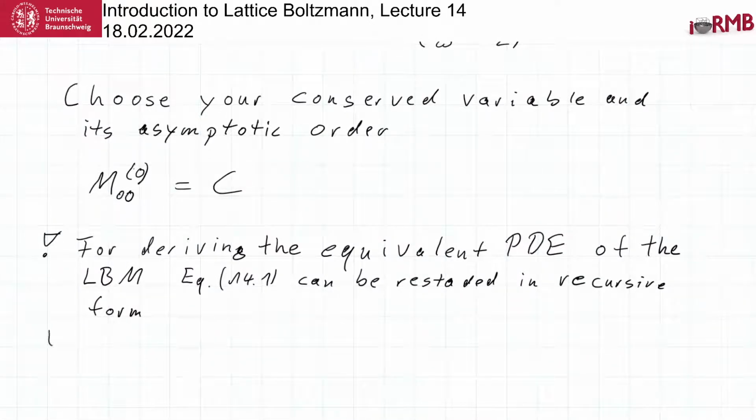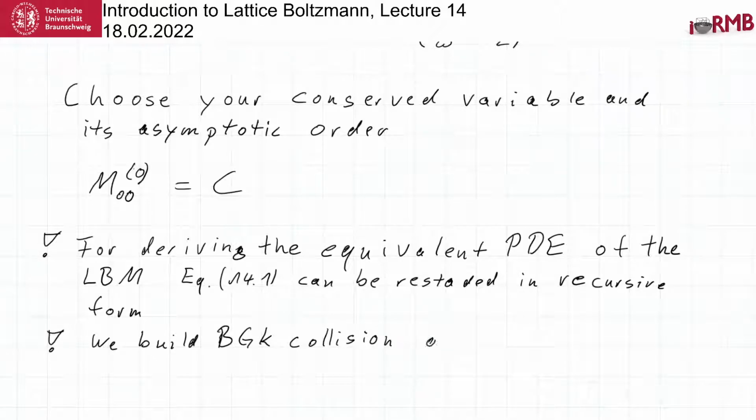One other thing is that we will build the BGK collision into the expansion. So this makes it less general, because you would have to do it in another way if you want to use multiple relaxation times or cumulants.